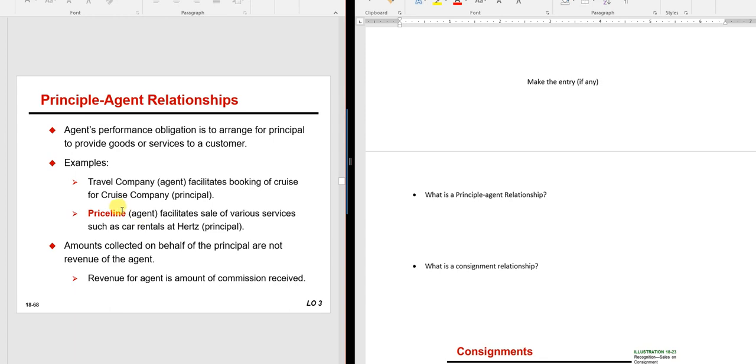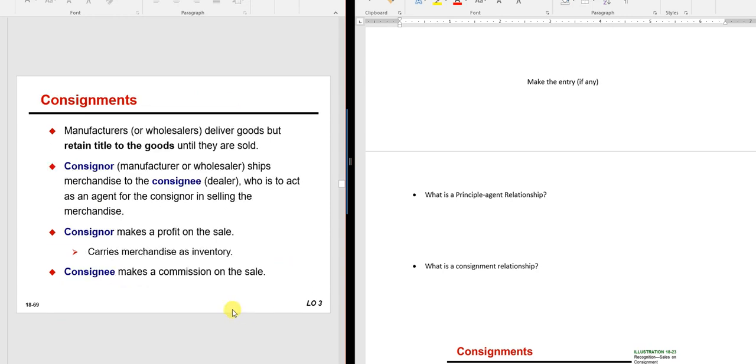So anything that the travel company collects for the cruise company is not revenue to the travel company. They're going to get a cut off of this, but the cut is the revenue. So the revenue for the agent is the amount of commissions received. So that's a principal-agent.